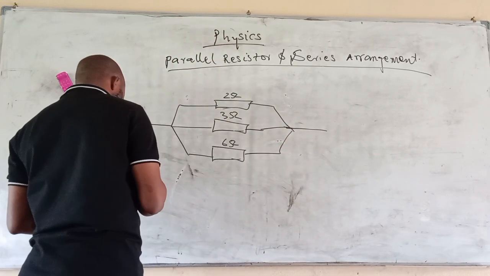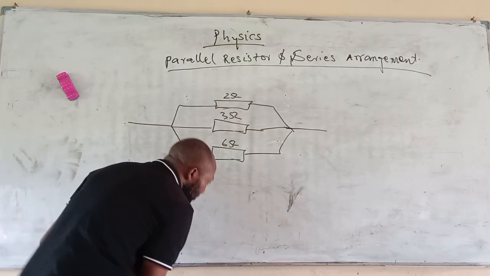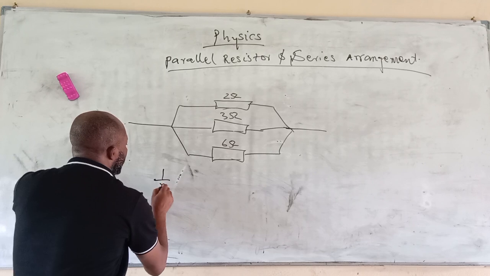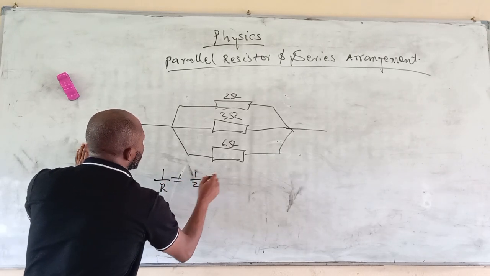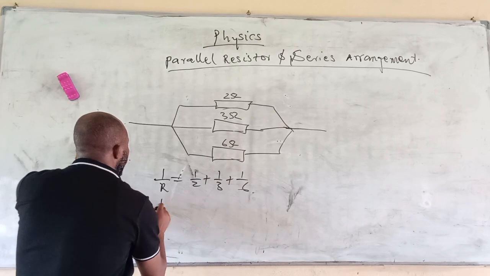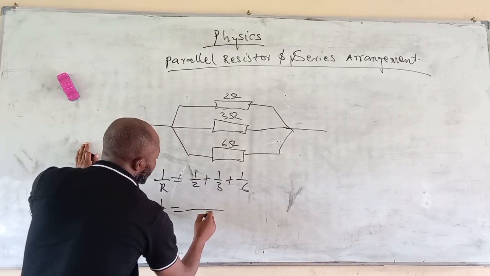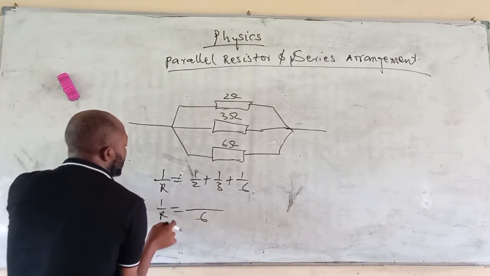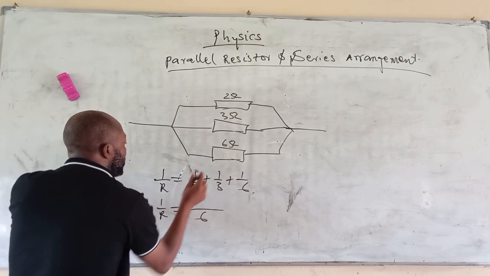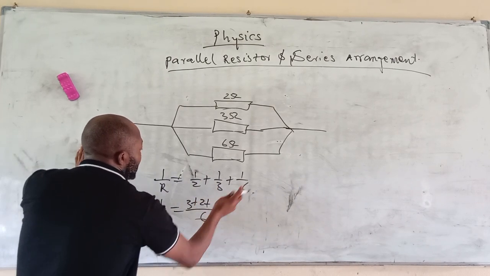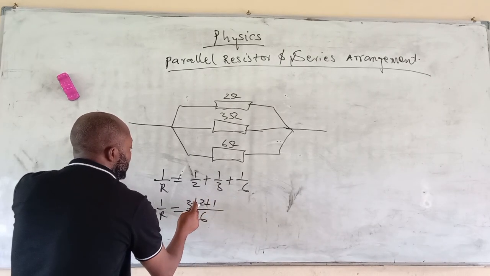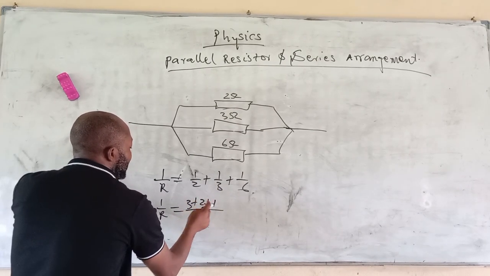Okay, this one, they are all in parallel. So we have 1 over R is equal to 1 over 2 plus 1 over 3 plus 1 over 6. 1 over R is equal to, LCM is 6. 6 divided by 2 is 3, 3 times 1 is 3, plus 6 divided by 3 is 2, 2 times 1 is 2, plus 6 divided by 6 is 1, 1 times 1 is 1. 3, 5, 6.